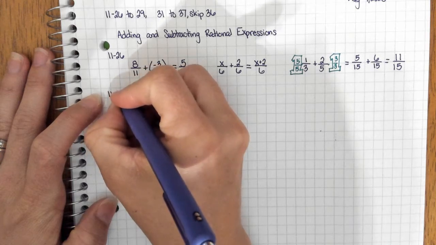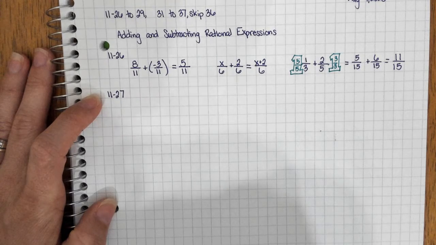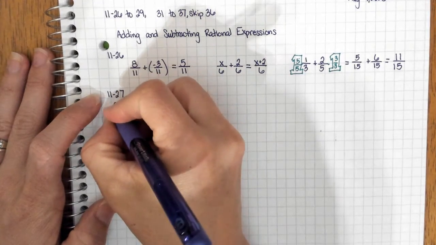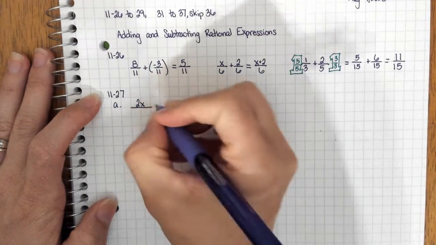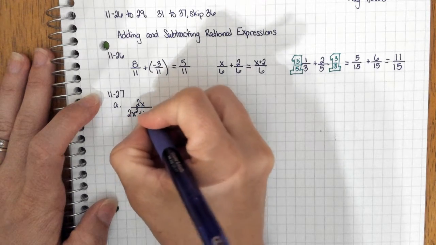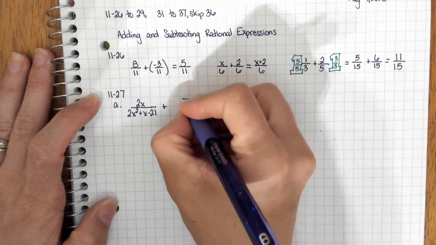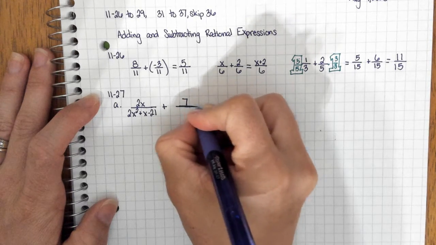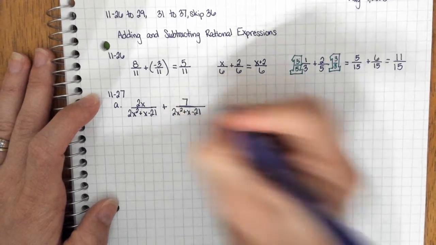On problem 27, I believe each of these has a common denominator. So for part A, we have 2x over 2x squared plus x minus 21 plus 7 over 2x squared plus x minus 21.